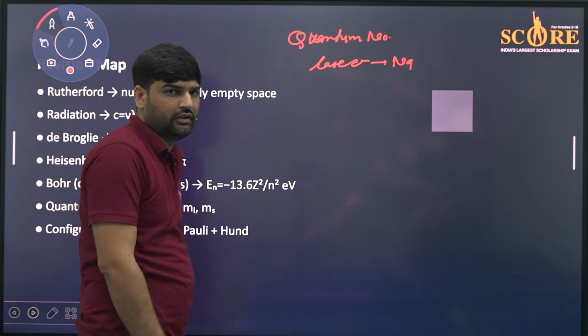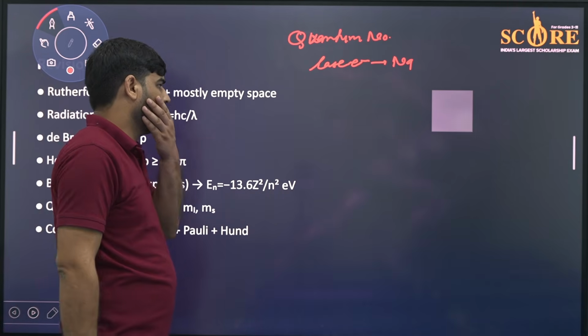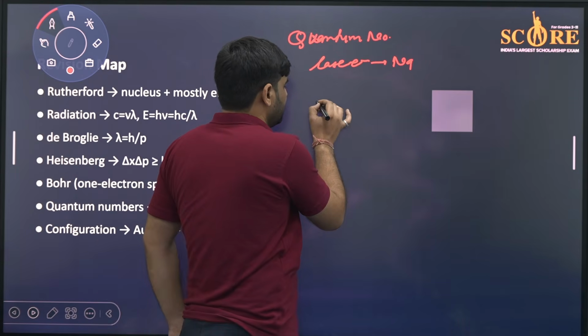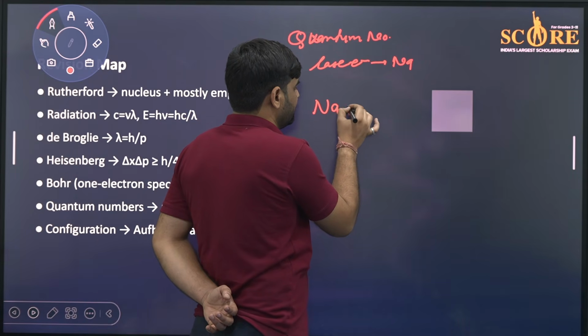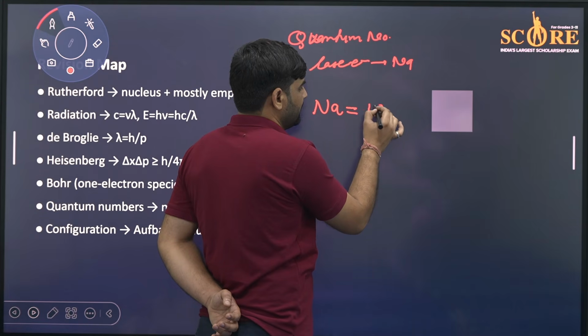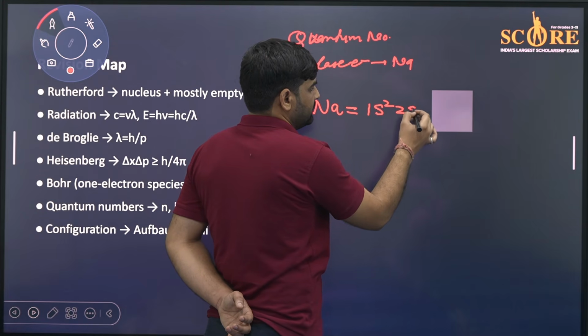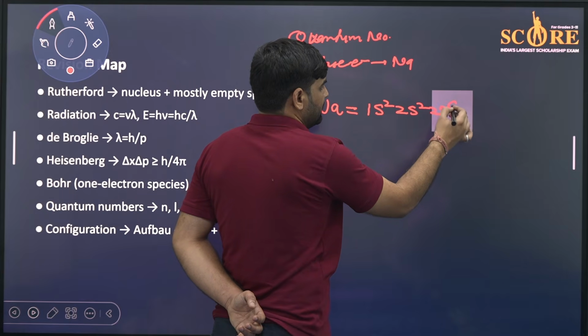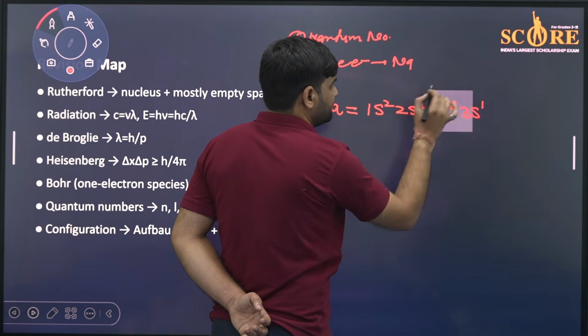So what do we have to do? You have to first write the electronic configuration of sodium. So you have to write 1s2, 2s2, 2p6 and 3s1.